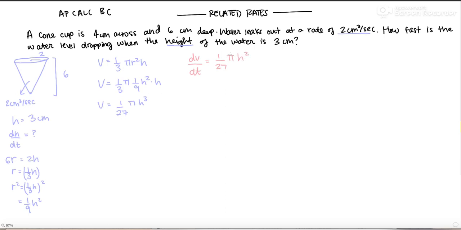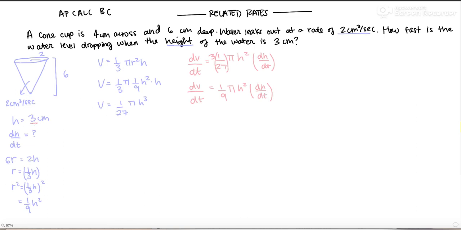And now notice we need to add a 3 in front using our differentiating rules. So we added that 3 in front and then put our height in terms of squared, and then finally it's dh over dt because that's what we're differentiating. Now we can simplify this. So dV over dt equals 1 over 9 pi h squared times dh over dt. Now this is the part where what you've written down really helps.